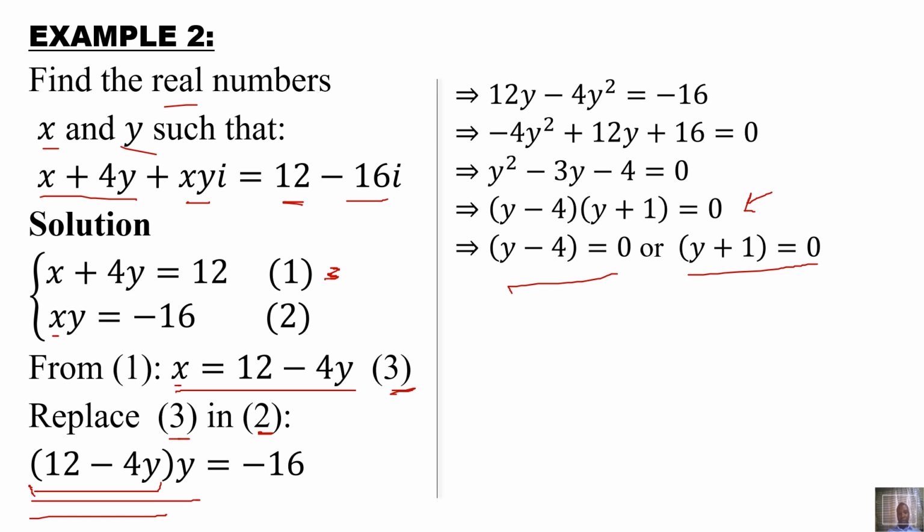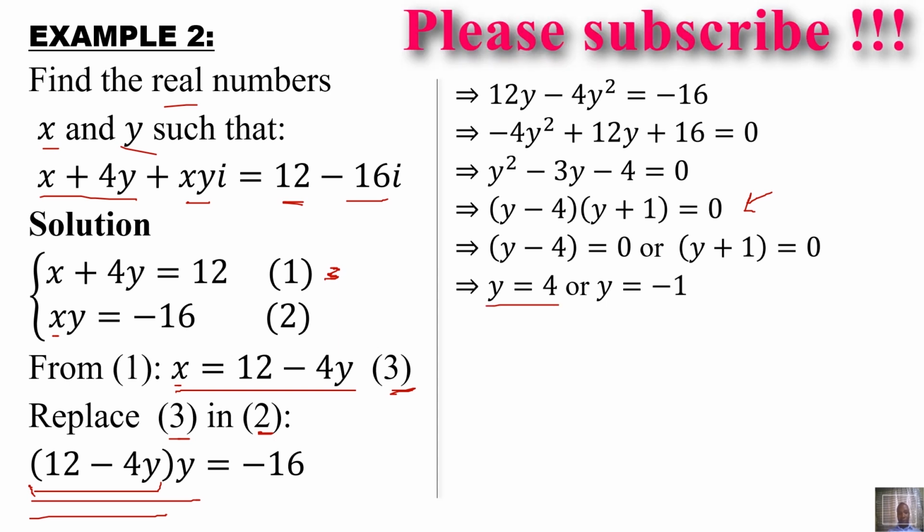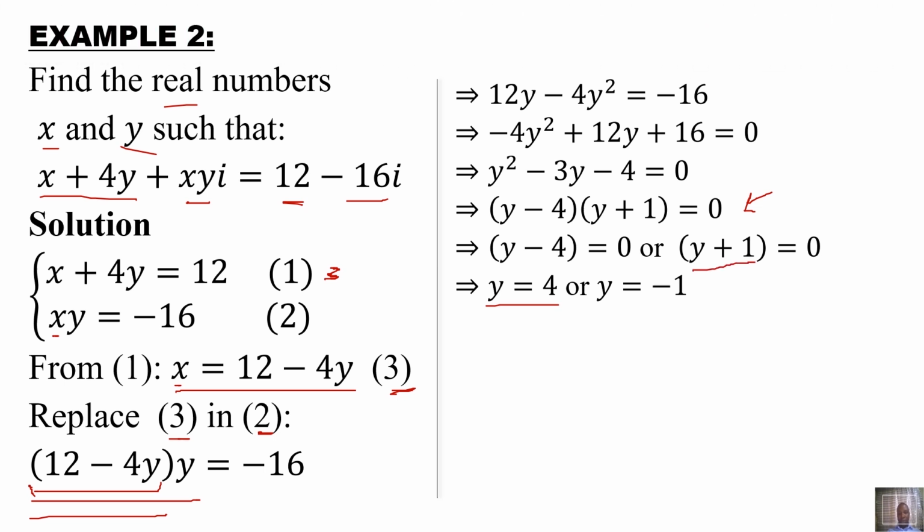Then we are going to solve each equation. For y minus 4 equals 0, y equals 4. And for y plus 1 equals 0, y equals minus 1. Then the values of y are obtained.